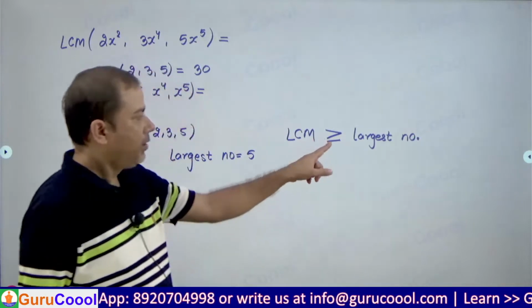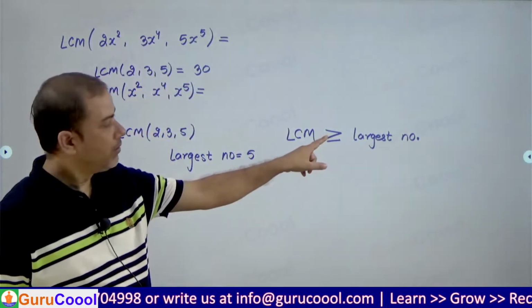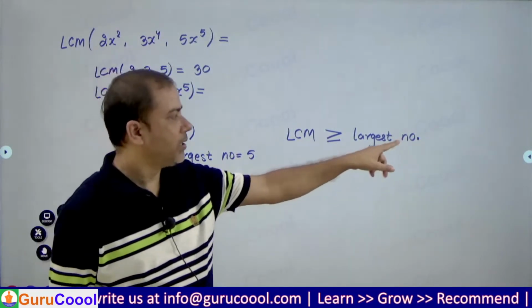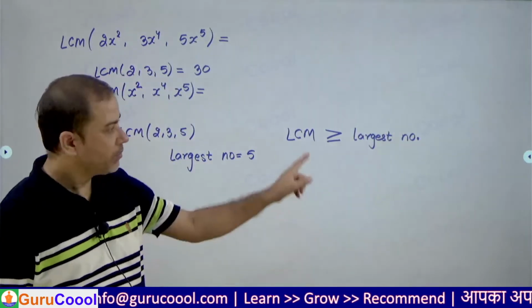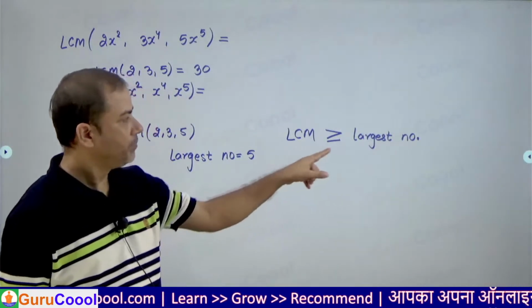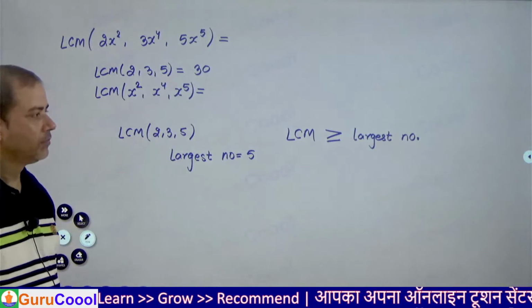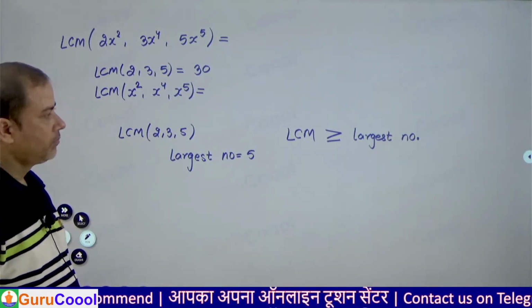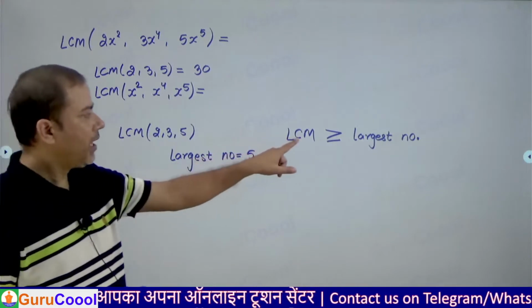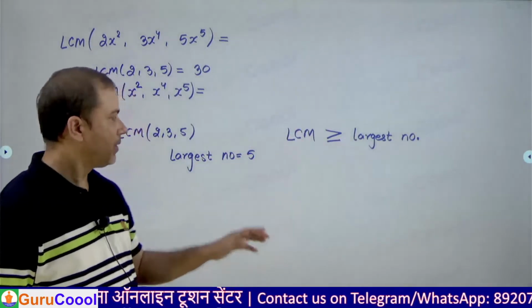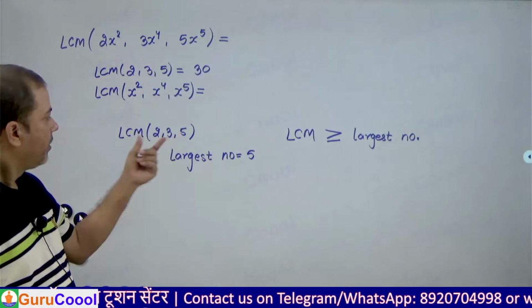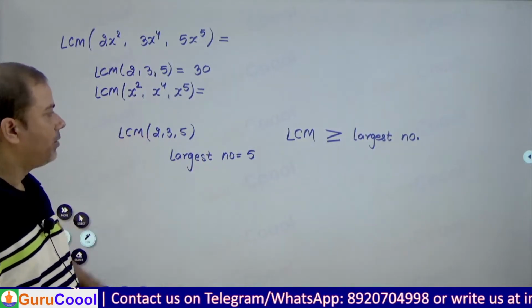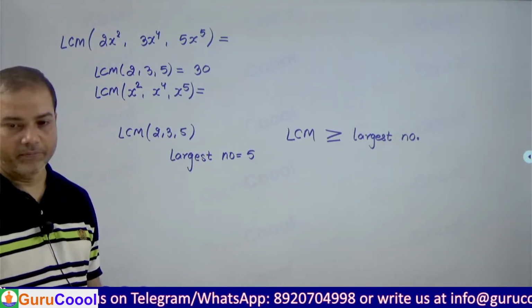Does this make sense, this statement? Yes, sir. So it's a rule. LCM can never be lesser than the largest number. Largest number is 5, so here LCM cannot be lesser than 5.